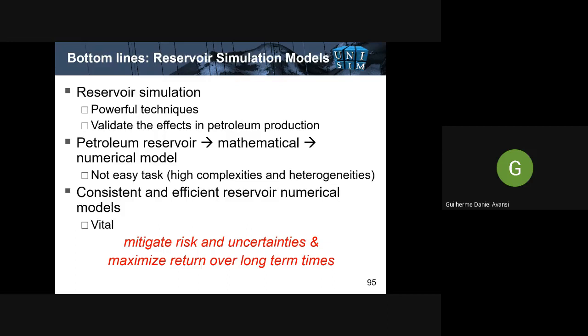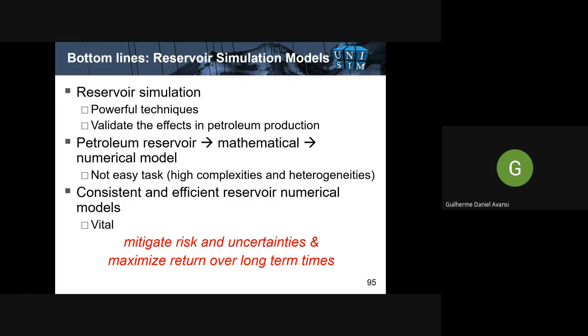This is vital because it saves long execution times, right? With these reservoir simulation models, we can mitigate risk and uncertainties, and also maximize the return over the long term. This is the most important thing.